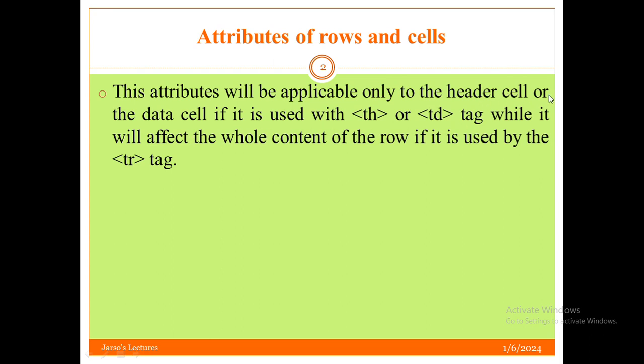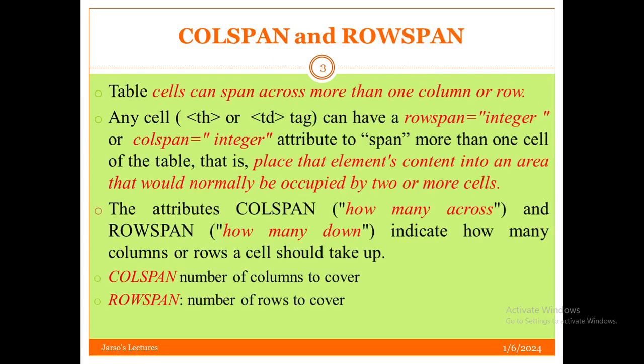They are applicable only for header cells and data cells if you define them within the th tag and the td tag. You can actually define it for all the rows by defining it within tr tags. When we define it within tr tags, it is defined for the whole row.